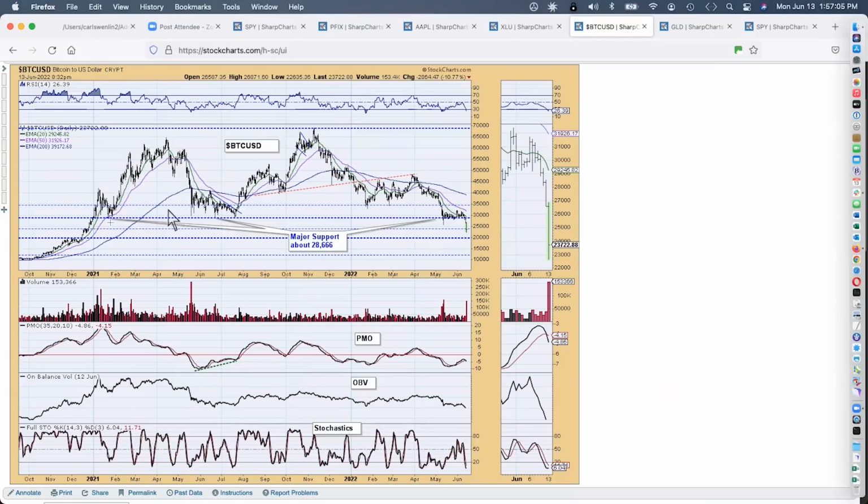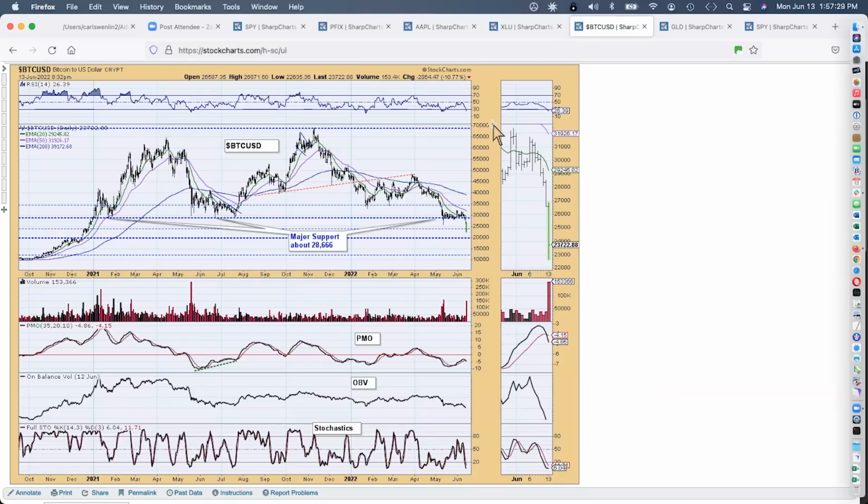So look, there's a little tick right here. We've got some support. It's actually stayed just about on that line. This is a more prominent support area with a couple of months of tops there. So that's right around 20,000.